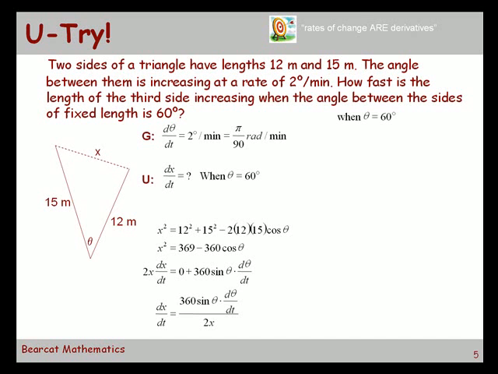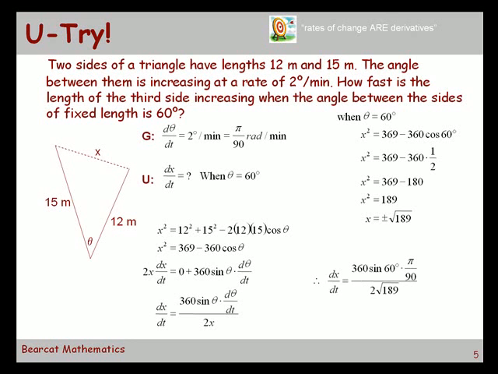So when theta equals 60 degrees, we just found out that x is going to equal root 189, positive or negative. Can x be negative in this context? x represents the distance of that side, so it needs to be positive. So we're going to keep the positive root 189.